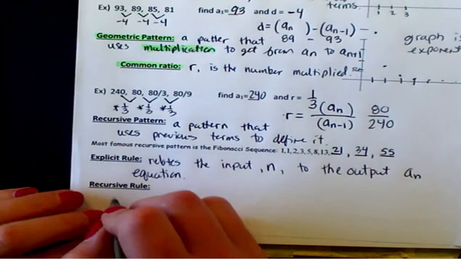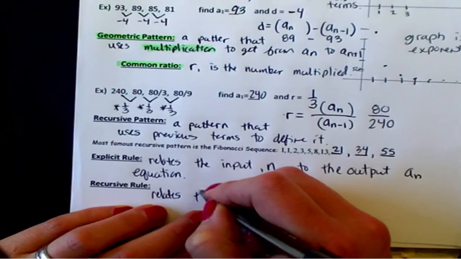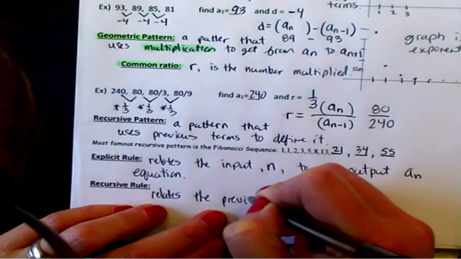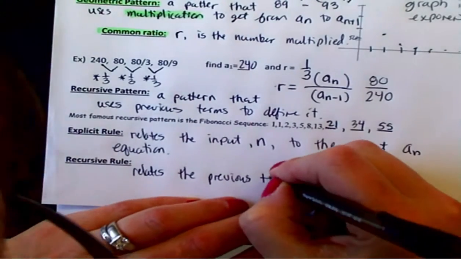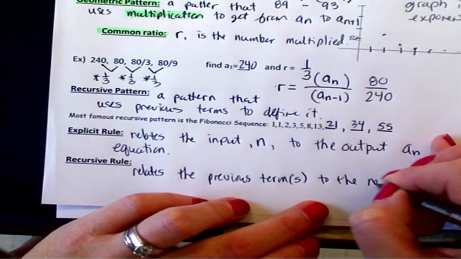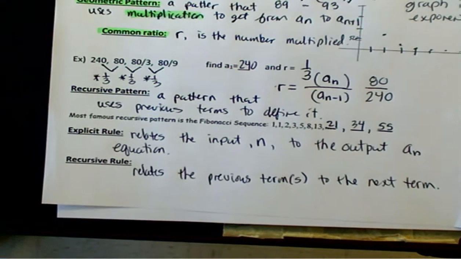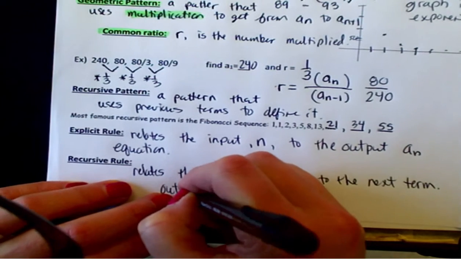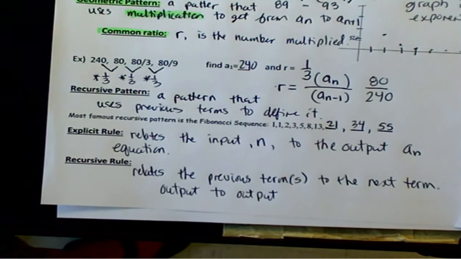A recursive rule relates the previous terms to the next term. Notice that this doesn't have to do with the input. It has to do with just the outputs. This is connecting output to output. I actually have to know the numbers in the list to do this recursively.